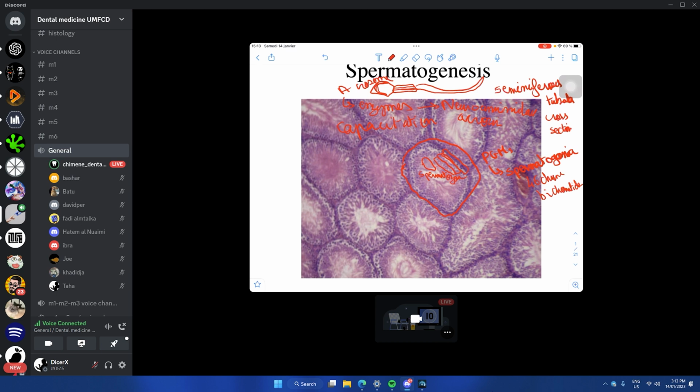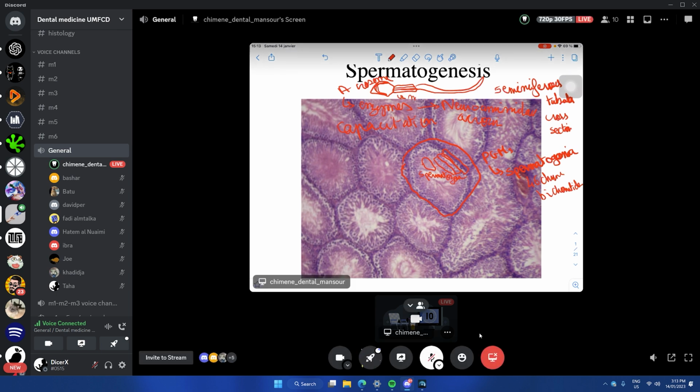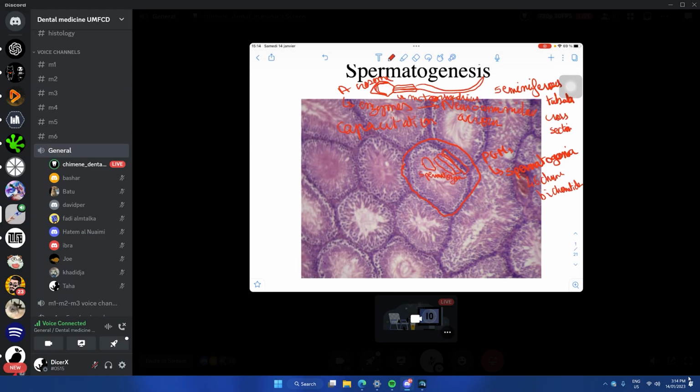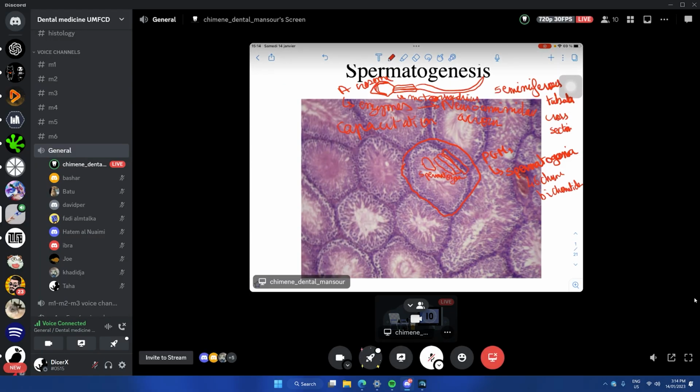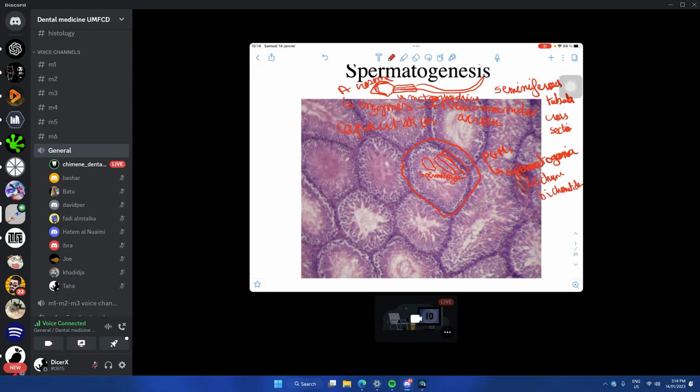Those mitochondria are responsible for the motility of the sperm. Okay, they provide for the sperm the exact amount of energy to swim across the female tubes and so on, and also in the testis and everything to travel to the tip of the penis, and for the ejaculation and everything.